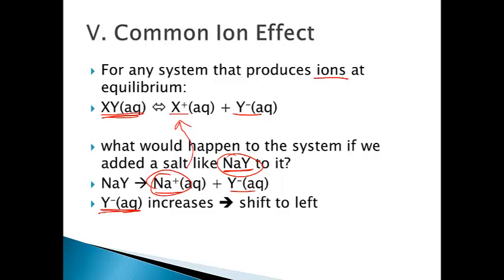But because we are adding Y minus, all of a sudden the system says, whoa, too much of this stuff, and it's going to end up shifting to the left. Which means the amount of Y minus that you have will decrease slightly, and X plus will decrease slightly.